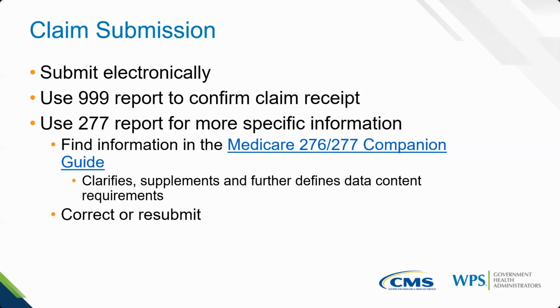Our electronic data interchange, or EDI, staff provides helpful information. They do so in the Medicare 277 or 276, 277 companion guide. This is what's going to help clarify and further define the data content requirements for an electronic claim. Now, it is based on these reports that a provider or his or her staff will be able to know if the batch is rejected and if you need to correct or resubmit.